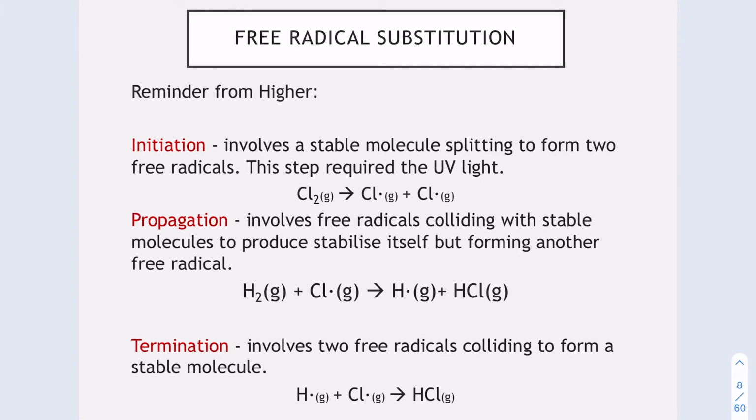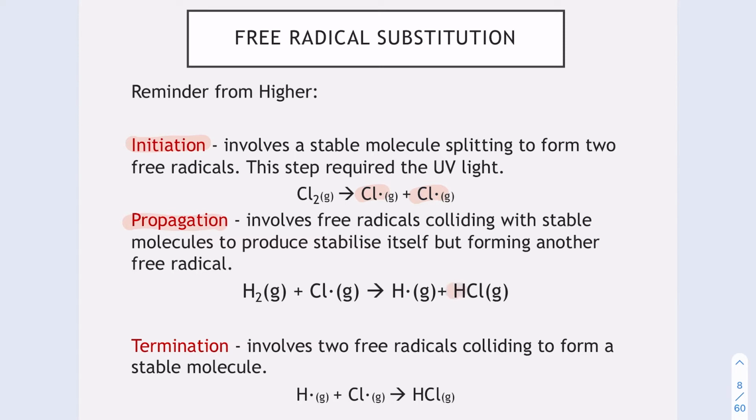If we have a look at this quick recap from Higher, we've got three different steps for a free radical substitution. You've got initiation, which involves UV light breaking a bond to form two radicals. Propagation is when a free radical breaks another bond to form a new free radical.